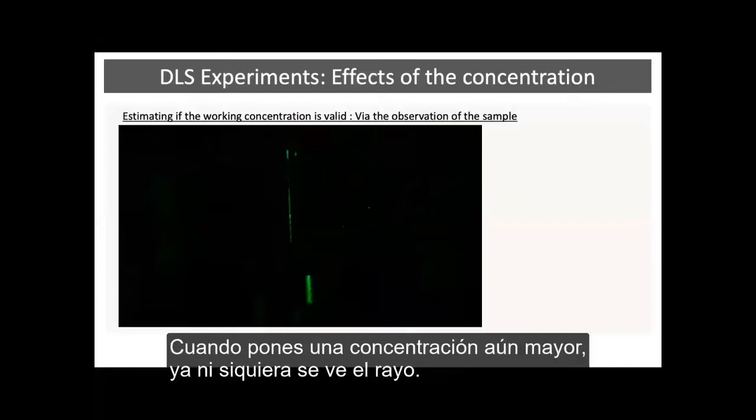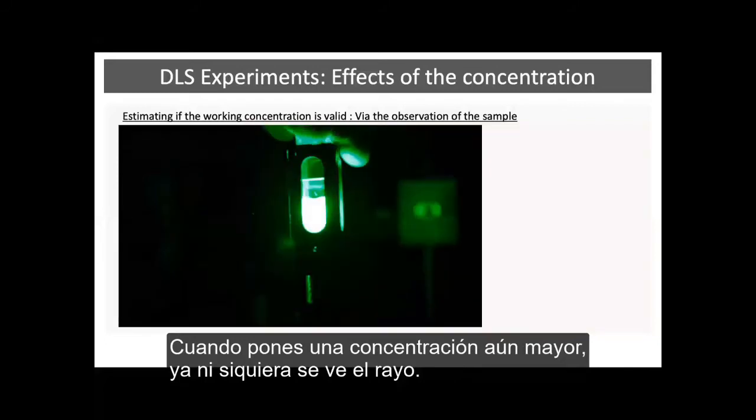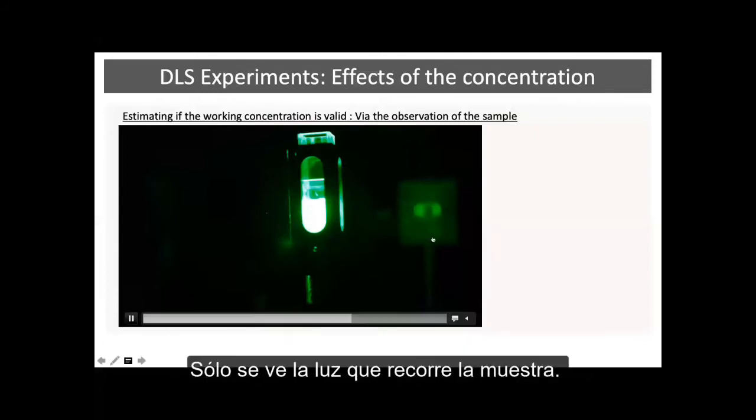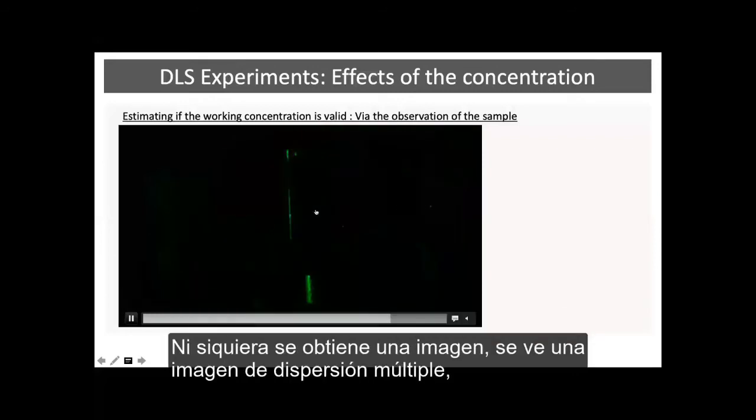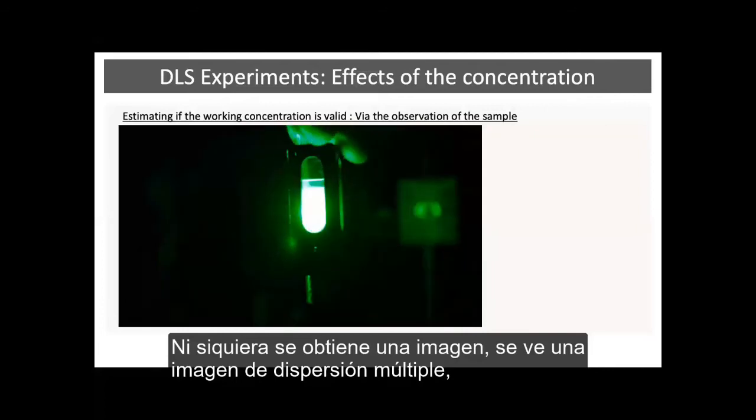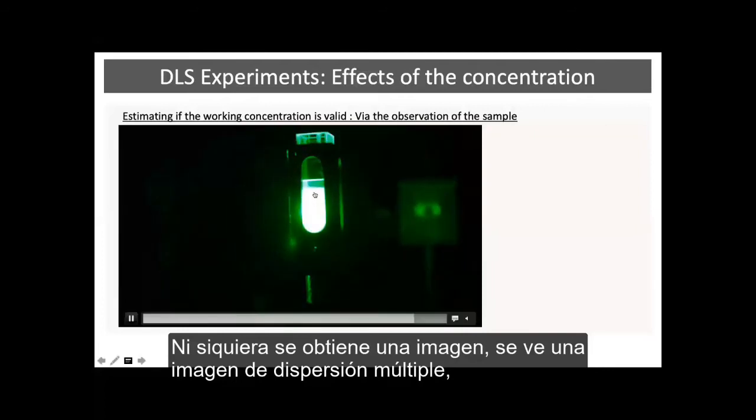And when you change the sample again to a higher concentration solution, you don't even see the beam anymore. You just see the light that goes all over the sample. The sample is not transparent anymore because the photons go everywhere in the sample. You don't even have an image, you just have a multiple scattering image.